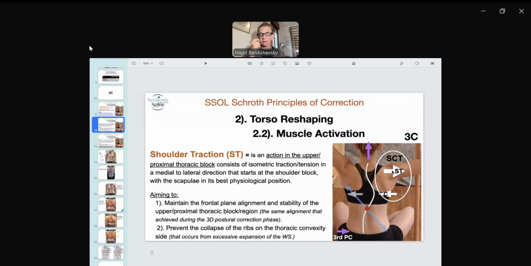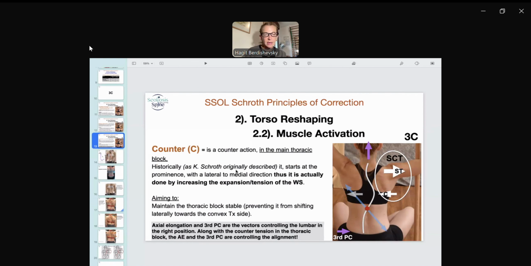We take the upper thoracic from the center to the right side, with an attempt to counteract some compensation here in the upper thoracic. The counter is a counteraction in the main thoracic block. Historically, as I told you, it was contracting the prominence from the right side to the left.